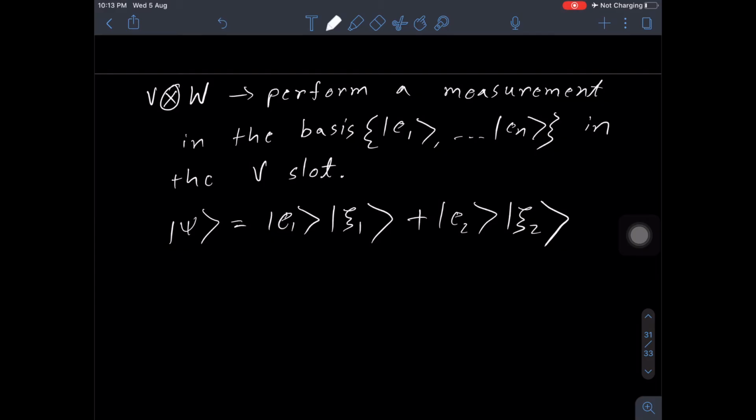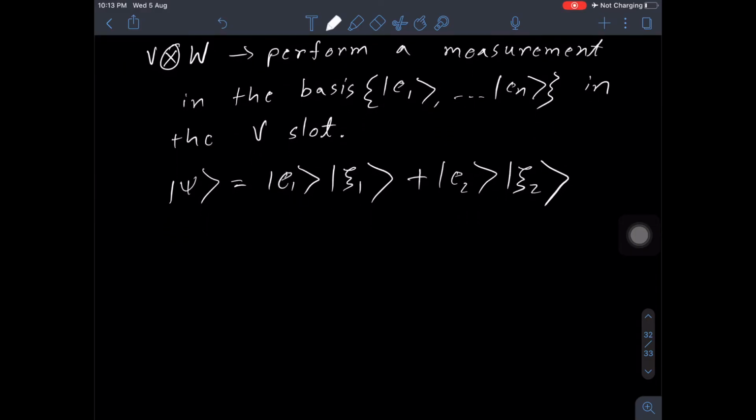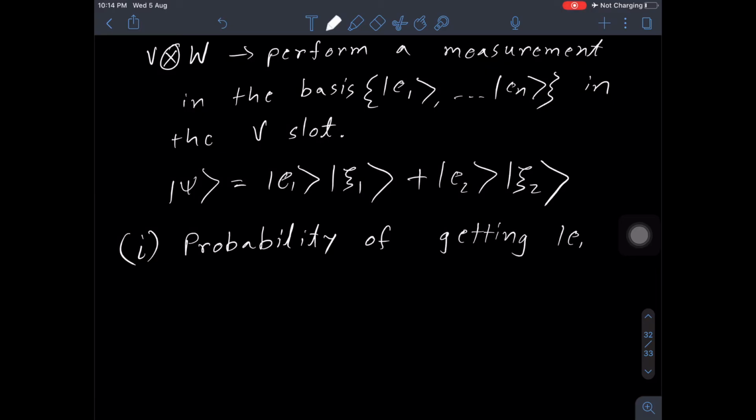All right, so if you do a measurement in this E basis, then what you get, the probability, so the Born rule: the probability of getting E1 is equal to the mod square of this state xi1.